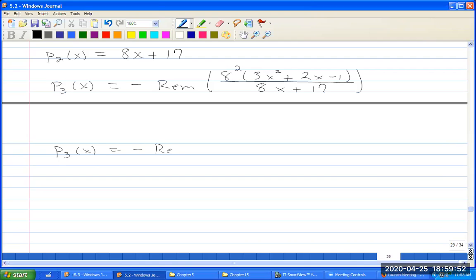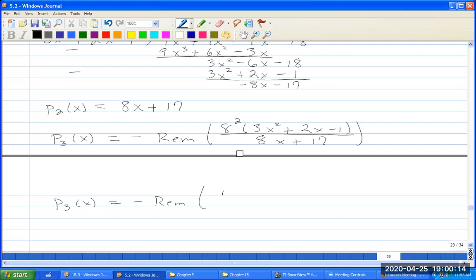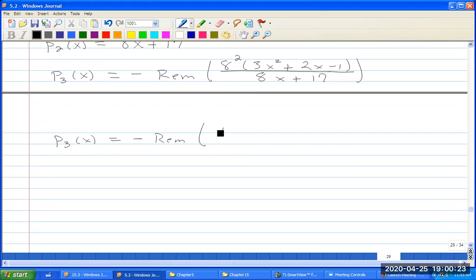So minus the remainder of 64 times 3x squared, since 8 squared is 64, plus 64 times 2, 128x, minus 64, over 8x plus 17. Okay, so let's do this.